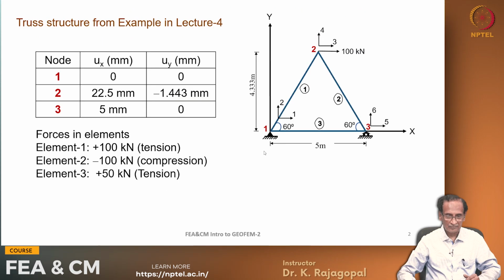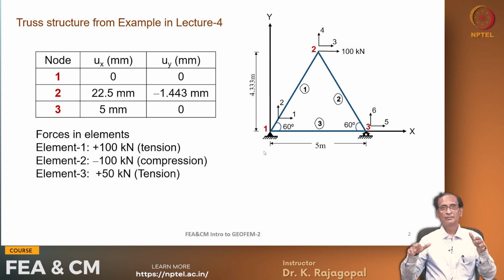And the first example is the same plane frame or plane structure that we had seen earlier, that has 3 nodes and 3 bar elements.